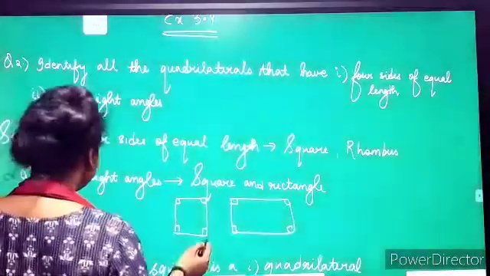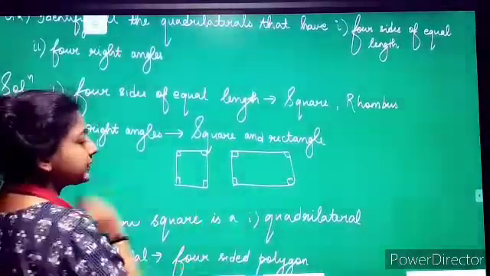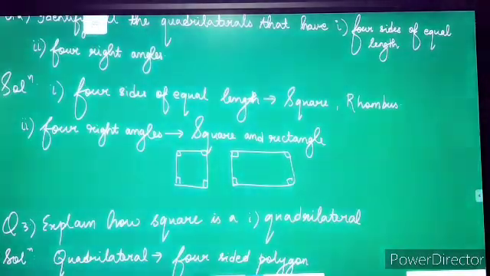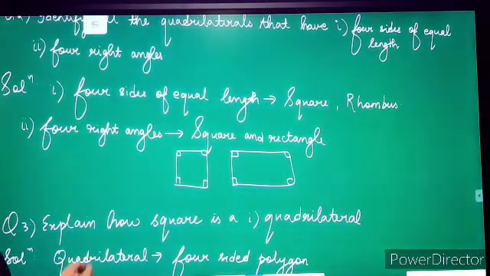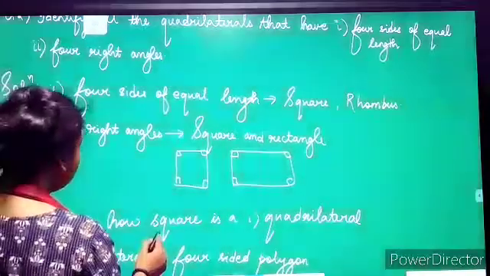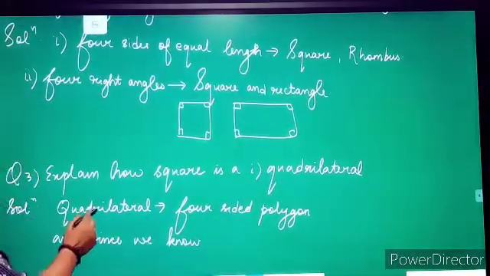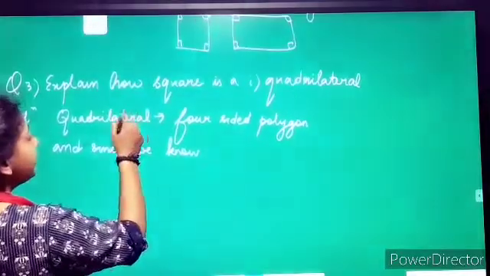Third question, explain how square is a quadrilateral. Third question is telling us that we have to explain how we can call square a quadrilateral. So, we know by the definition, a quadrilateral is a 4-sided polygon.